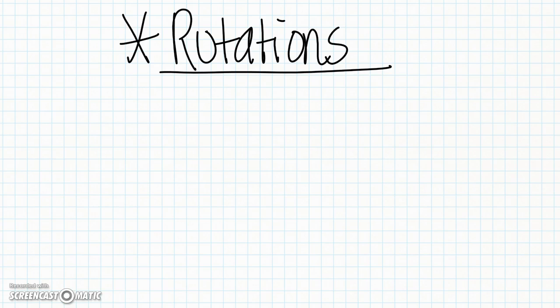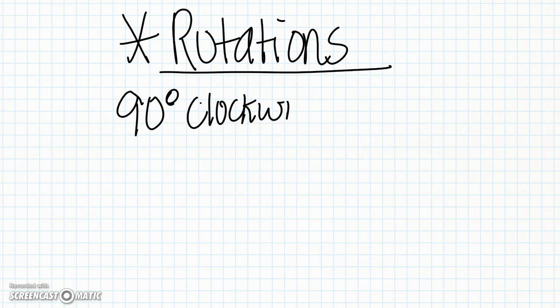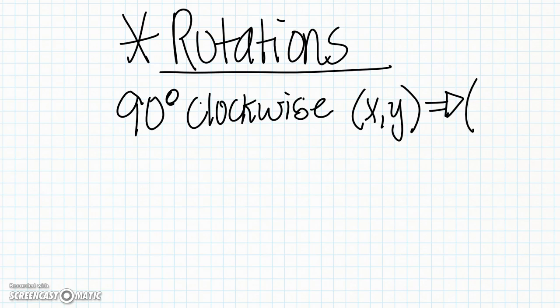If I want to rotate my shape 90 degrees clockwise, your rule is basically you start off with x comma y, and it's going to change to y comma negative x.